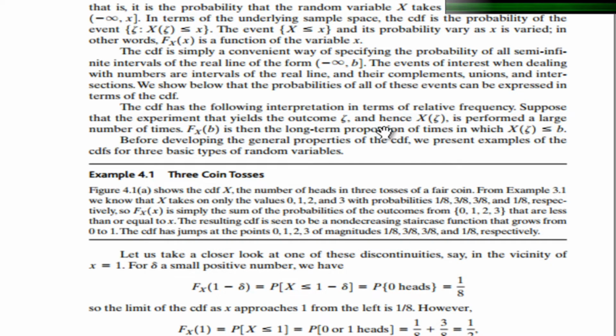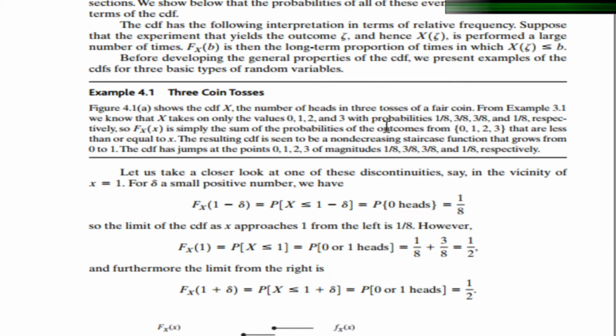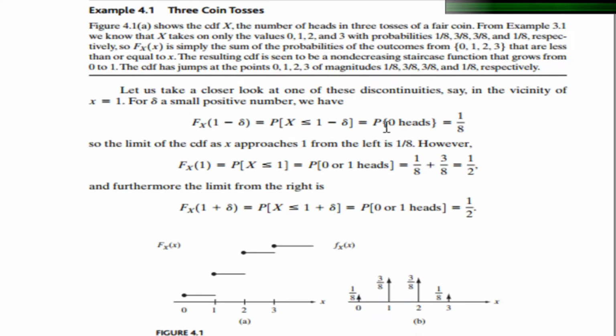So to discuss anything, let us first discuss an example which is related to the cumulative distribution function. So in this example, in figure 4.1a, this figure shows the CDF, the cumulative distribution function of x, the number of heads in 3 tosses of a fair coin.